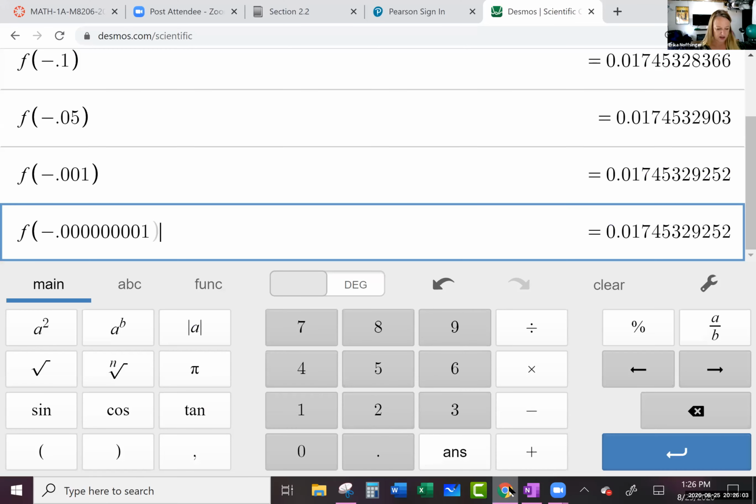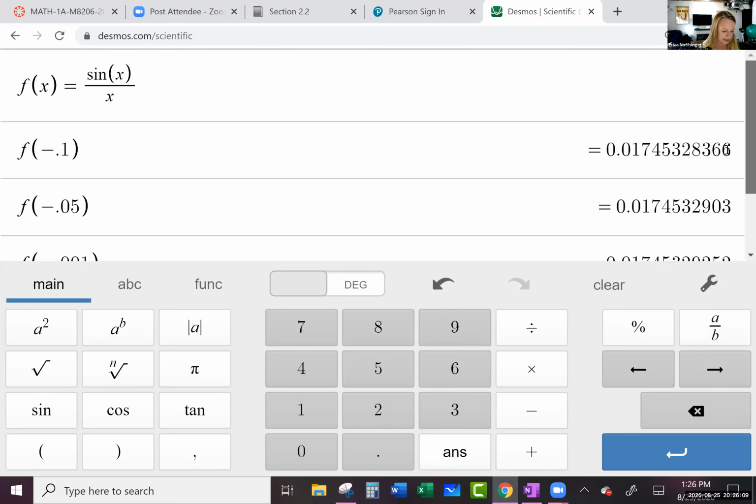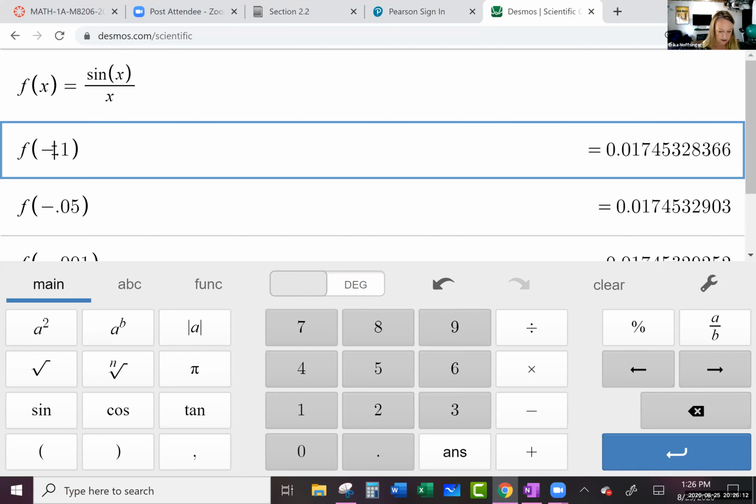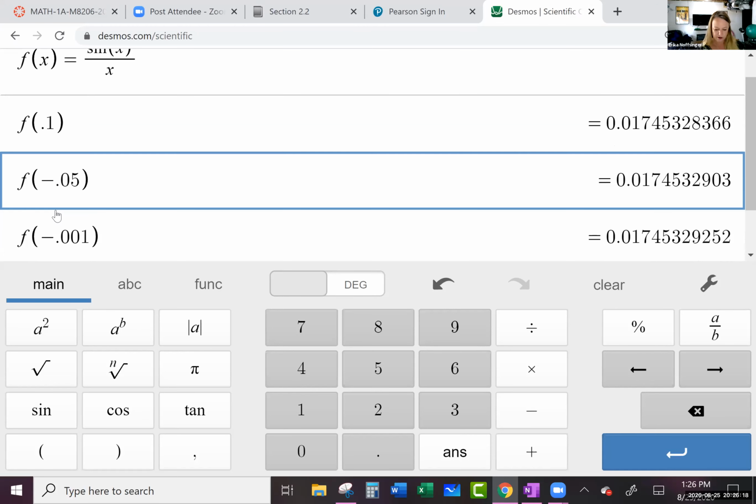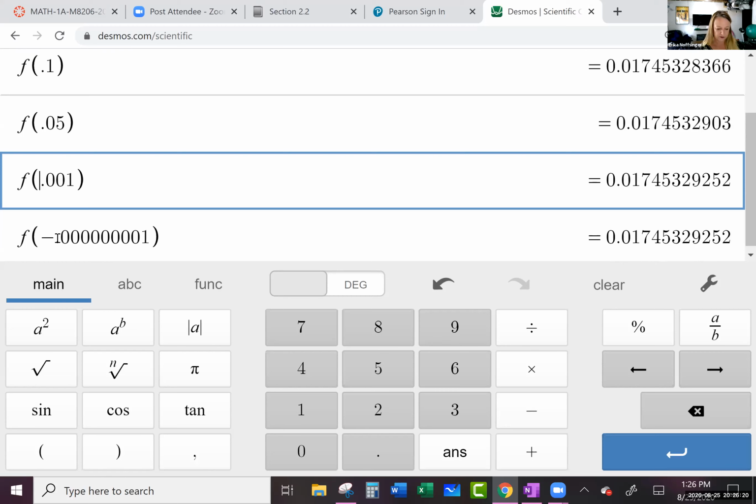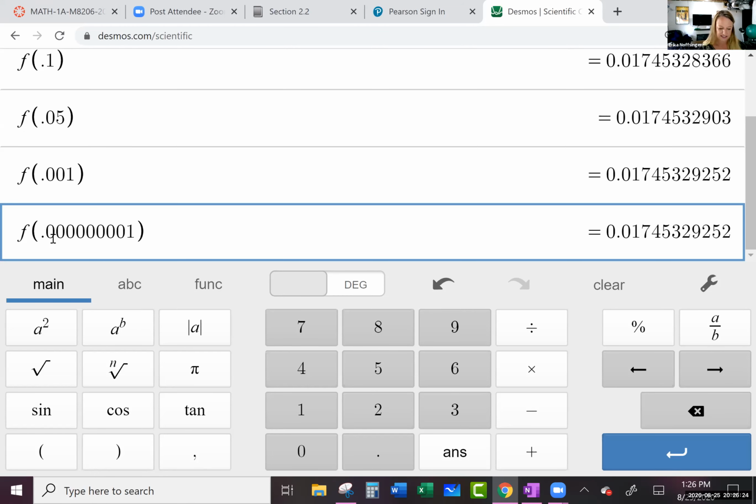Okay, so let me start plugging in positive numbers. Probably just scroll up here and delete the negative. And so 0.1 looks like the same number as below pretty much, 0.5, 0.01. And so this number is also the same. Notice though it's undefined there.